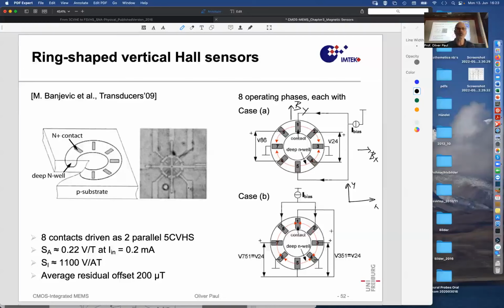This worked also fine. She was able to measure 200 microtesla of resolution and had a current-related sensitivity of 1,100 volts per ampere Tesla, and an absolute sensitivity, which doesn't mean much because it depends on the current, at this current.